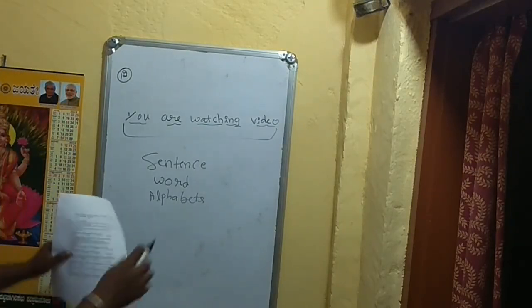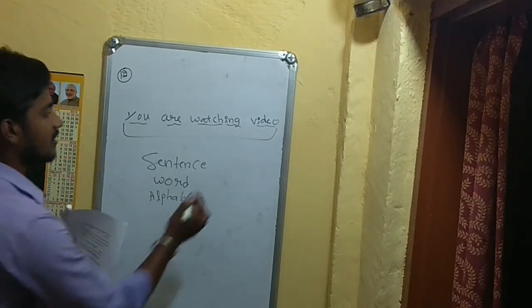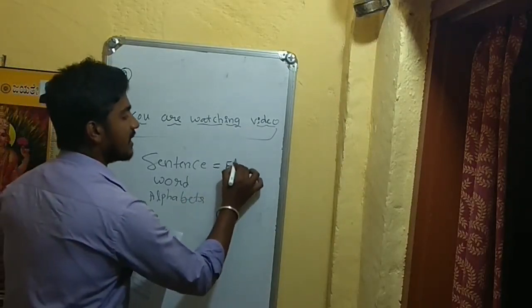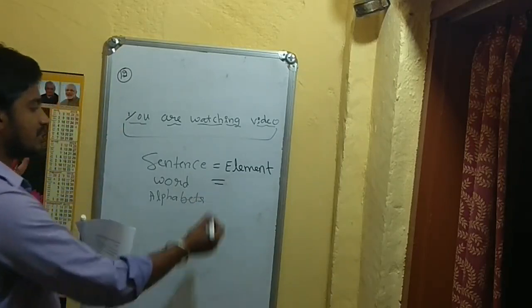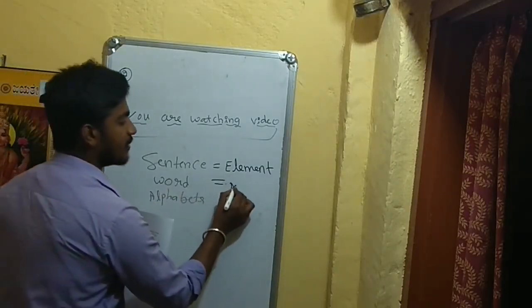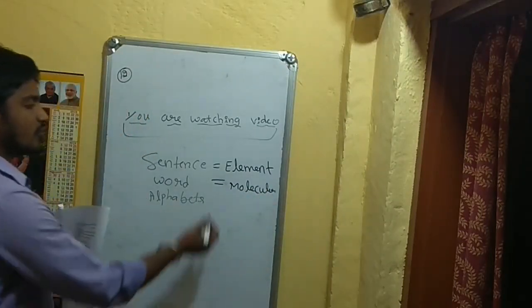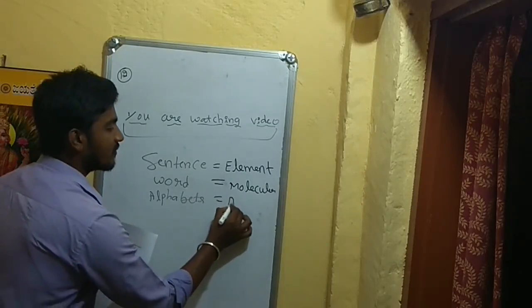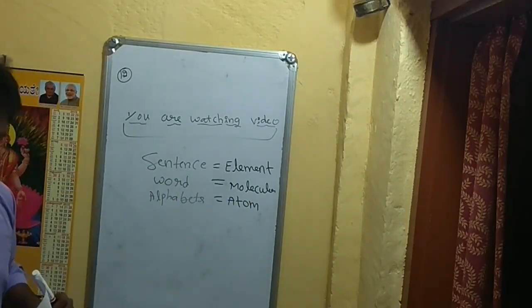Similarly, if you compare anything, this paper, this board, this pen, these are all called an element. Element is made up of, here it will be a group of words, here it will be molecules. So molecules are made up of atoms. Atom is the smallest particle which we can't divide.